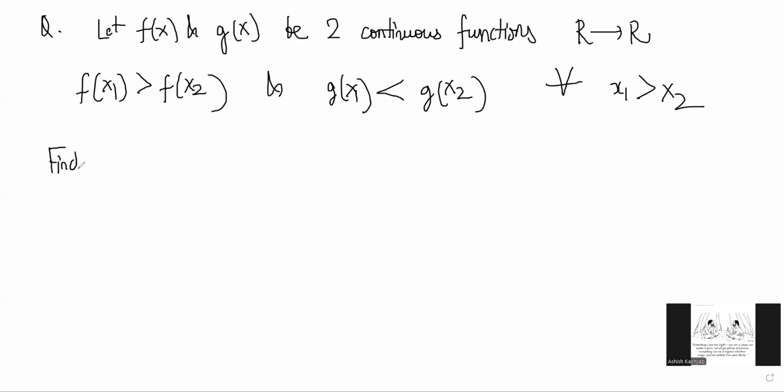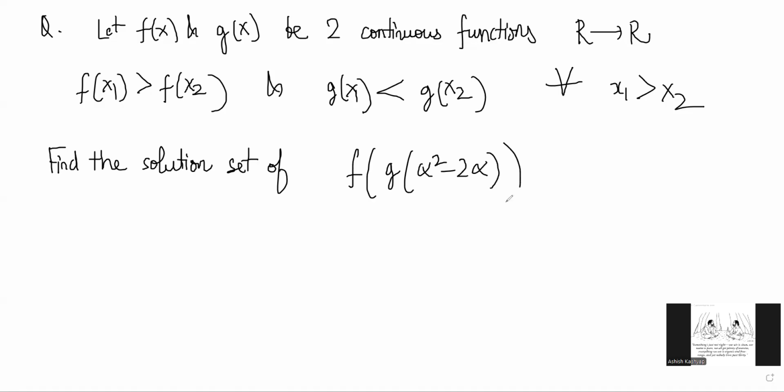You have to find the solution set of f(g(alpha square minus 2 alpha)) is greater than f(g(3 alpha minus 4)). You have to find the solution of this inequality.